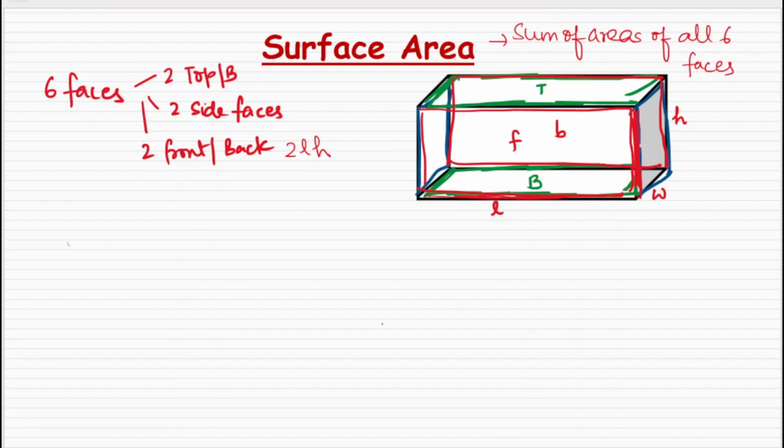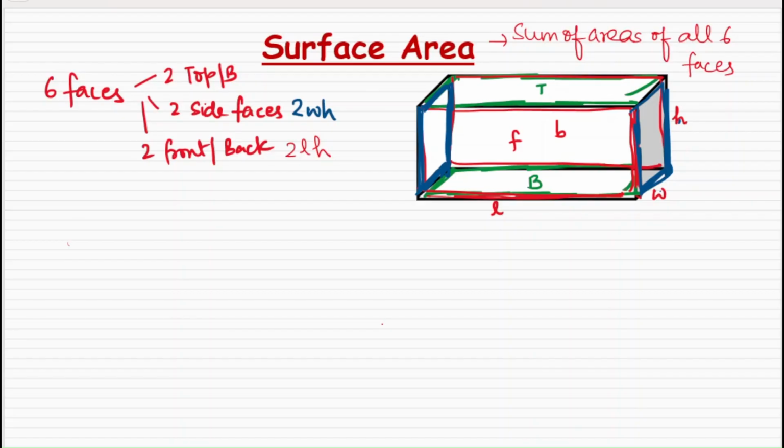Now let's look at the side faces. If you look at the dimensions, you have width and height. So the area of this part is width times height. Same will be the area of this other side face, width times height. So the two side faces have an area of 2 times width times height.